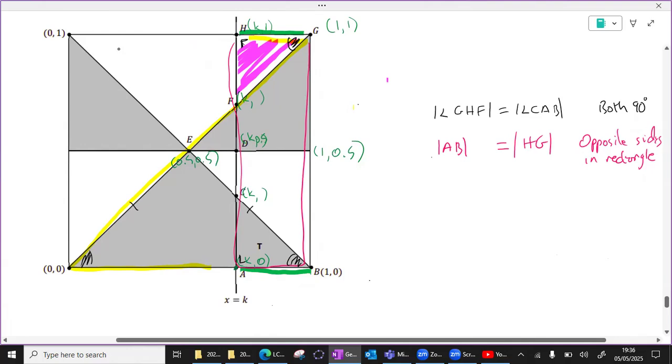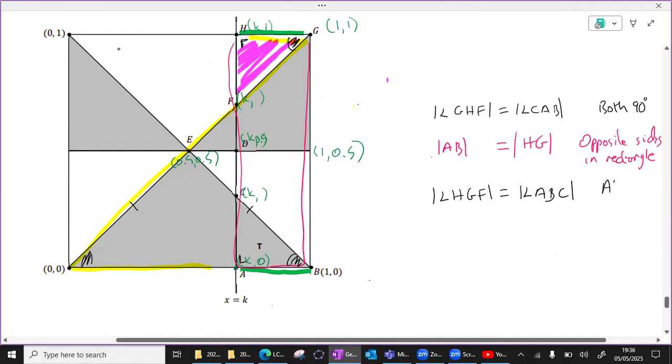triangle. So we can also say that the measure of the angle HGF is equal to the measure of the angle ABC. So ABC is the same as HGF.